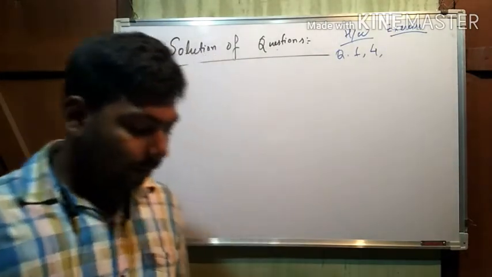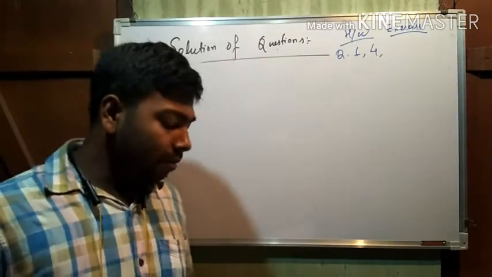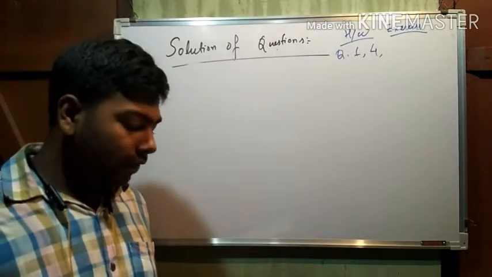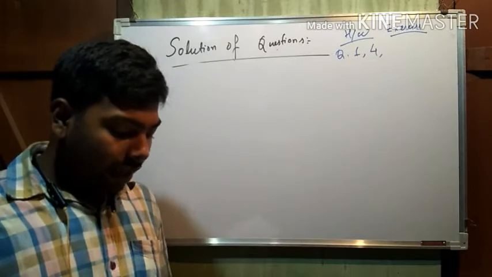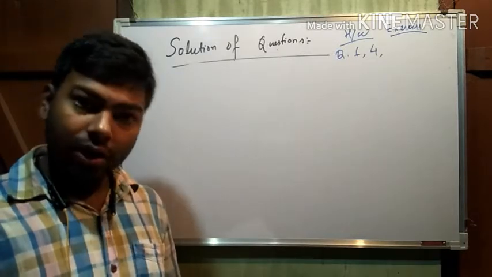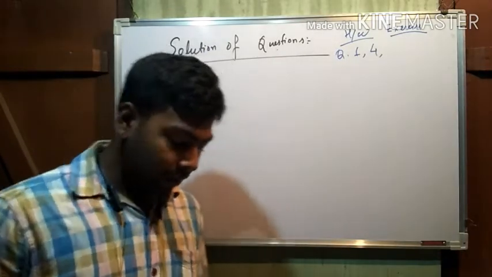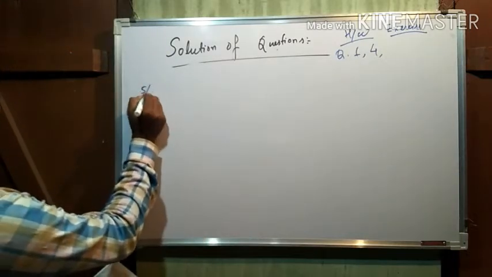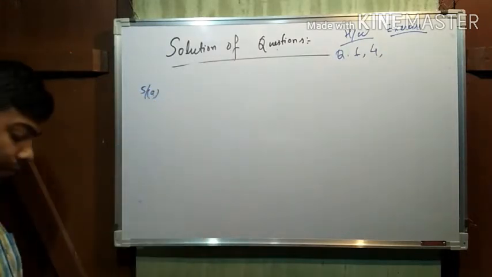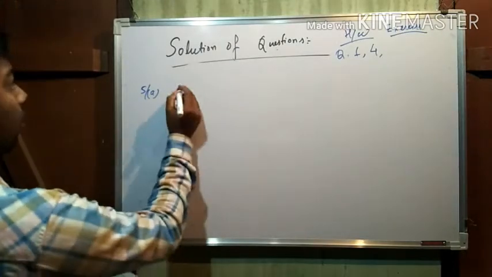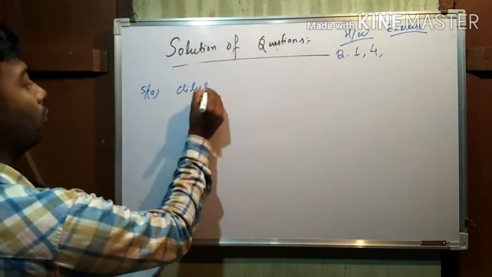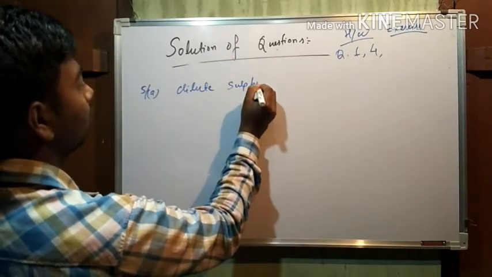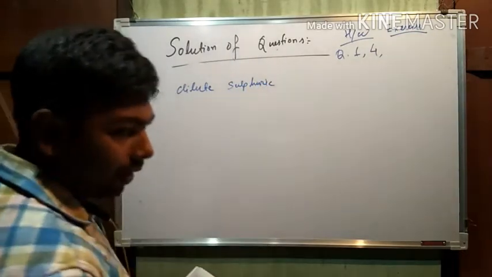Fifth question. Some reactions are given, then you have to write the balanced chemical reactions. Now see, first one is 5A. Remember, I'm writing the question.